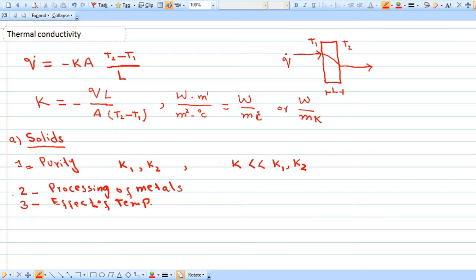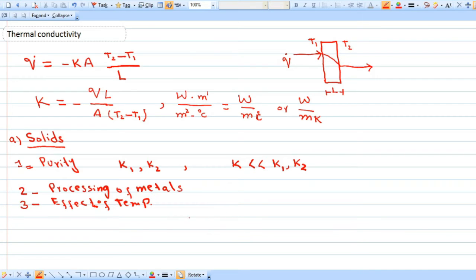Therefore, the behavior of the metals as well as non-metals against the change of temperature for thermal conductivity is different. Thermal conductivity of metals reduces on increase of temperature, but it increases on reduction of temperature. Therefore, some metals behave as a superconductor at near absolute zero temperature.